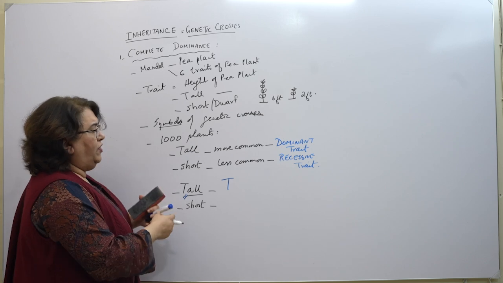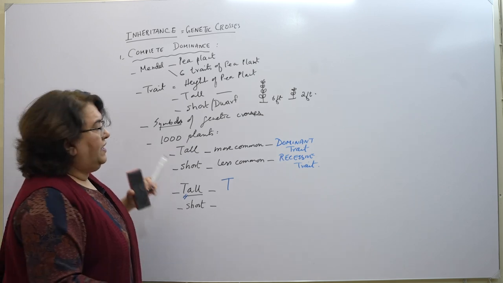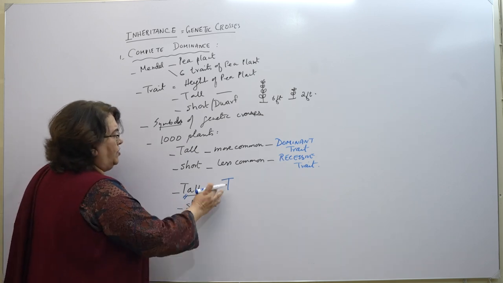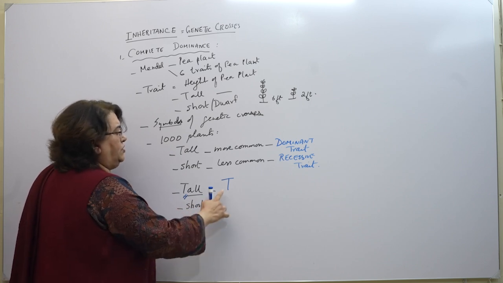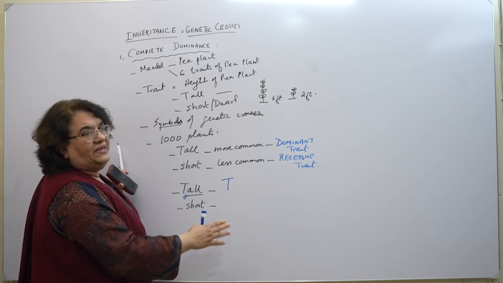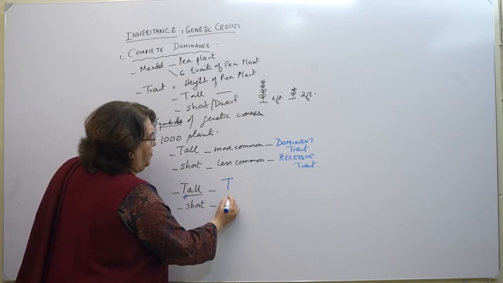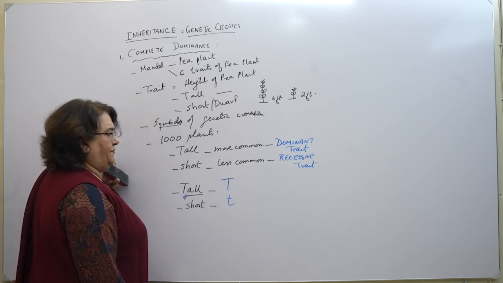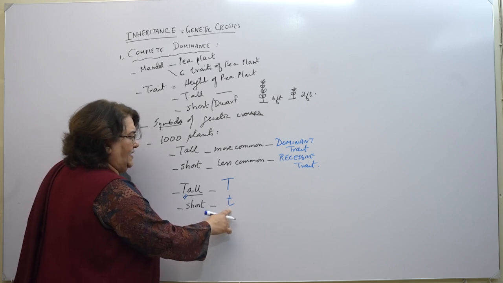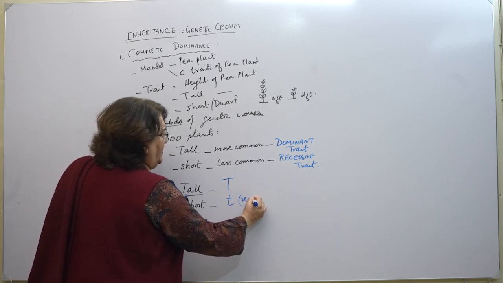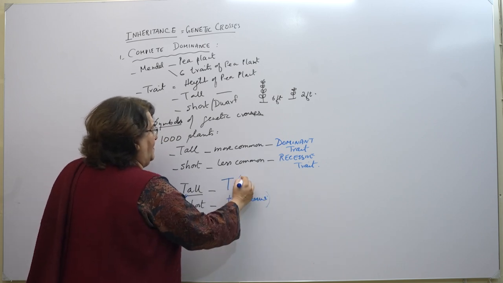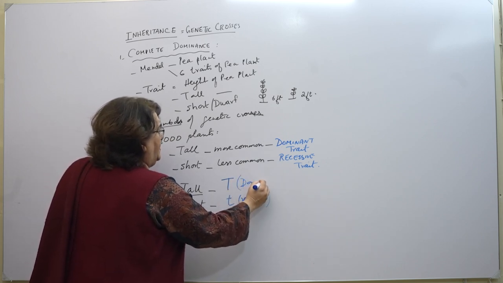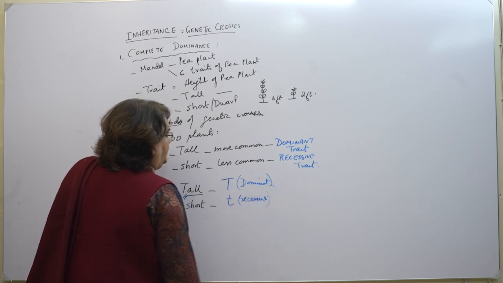Do I use S or do I do something else? If I use S, it becomes too confusing. So, I will only take the lowercase of the same letter, which is t. So, small t means that this is a recessive trait, recessive to the dominant one, capital T, meaning that this is the dominant trait, right?